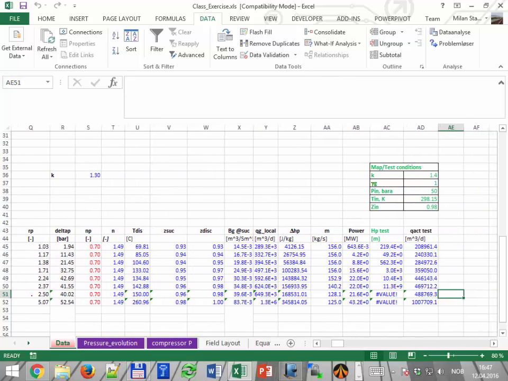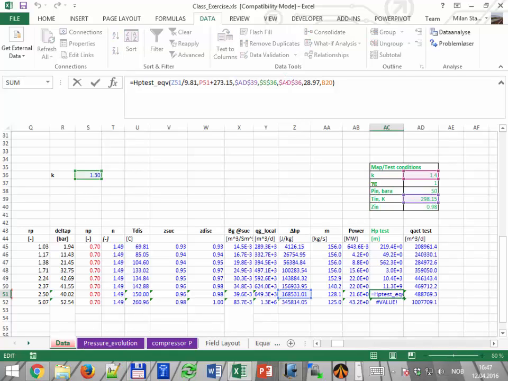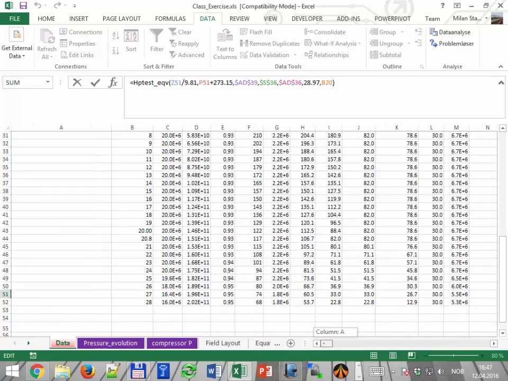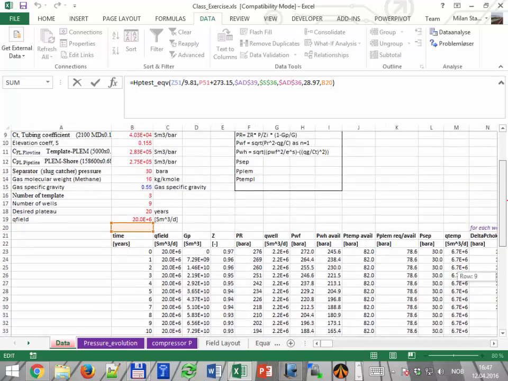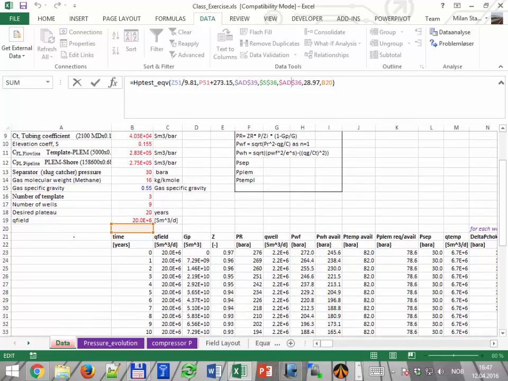Let's see here. Power is 21.6. Here, what did I get for power? This one, right? No. Oh, this one.